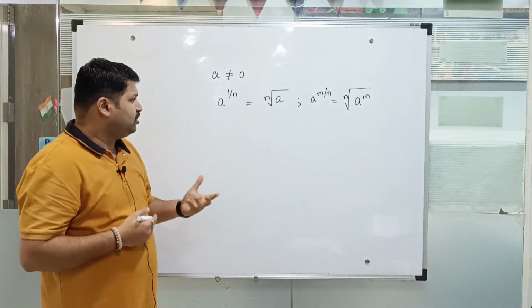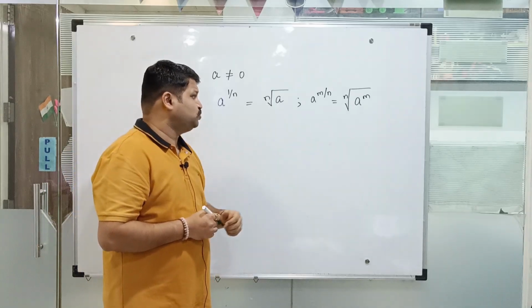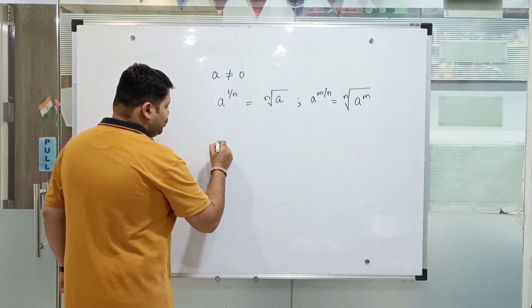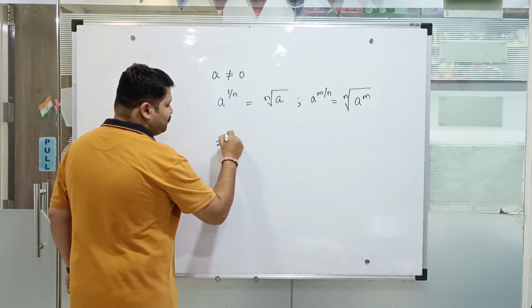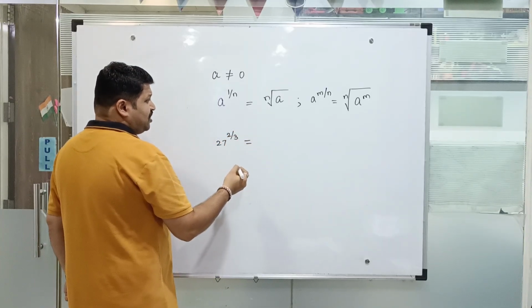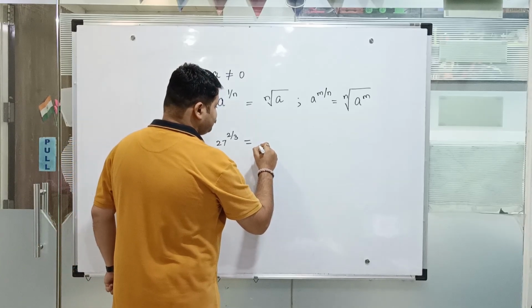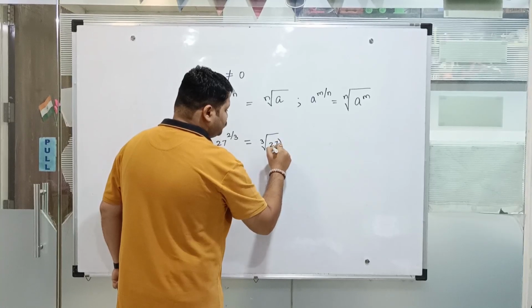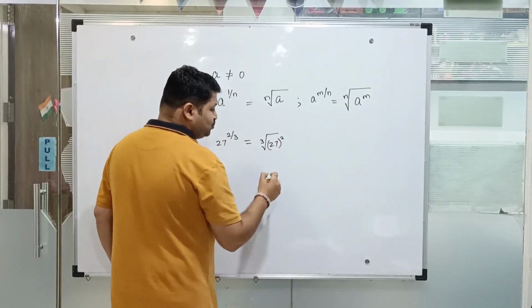Let's go ahead and take some examples on this as well. So say I have 27 to the power of 2 by 3. It would effectively mean that it is the cube root of 27, which is raised to the power 2.